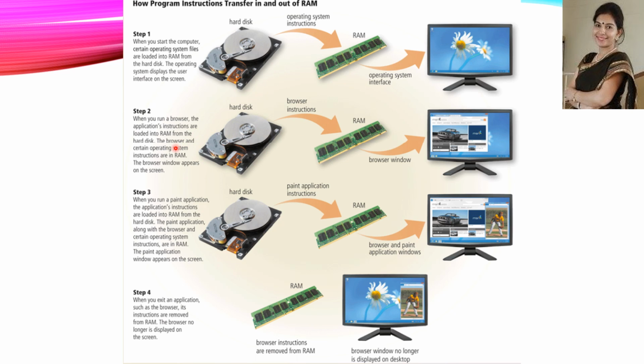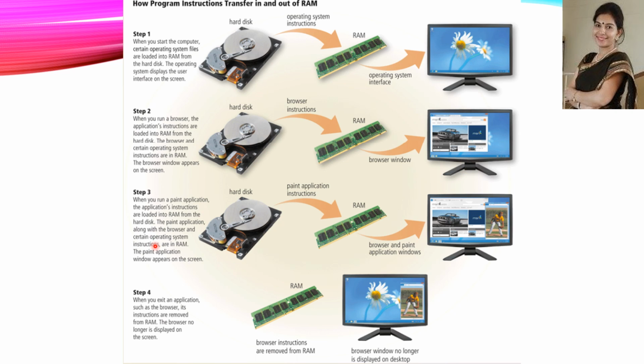Suppose you have asked for google.com or yahoo.com. So the files of that particular browser are loaded on RAM, and then the browser window appears on your screen. The Google homepage appears on the screen.